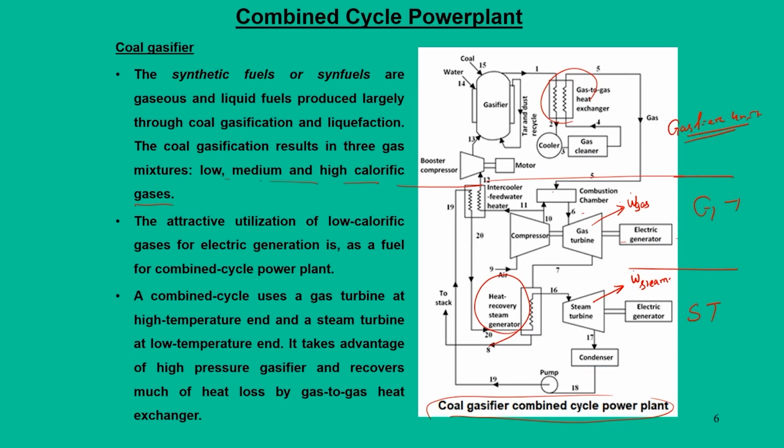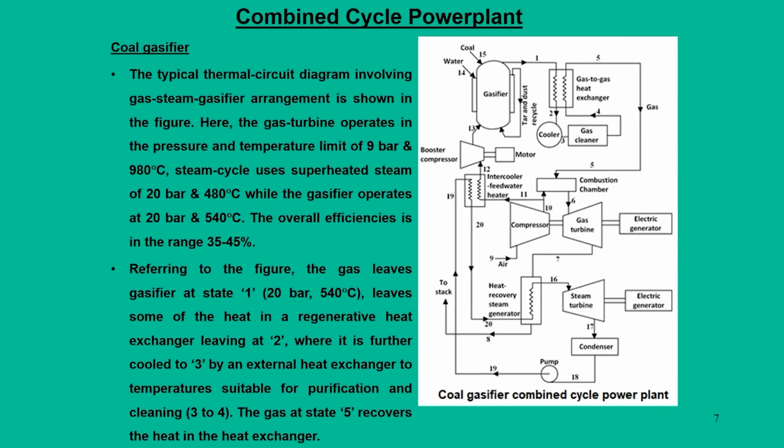The advantage is that we can use synthetic fuel or liquid fuels. We can also use many gas mixtures, low, medium, high calorific gas, and an attractive utilization is that low calorific gases can be used for electric generation, which normally is not possible if handled by any single unit.